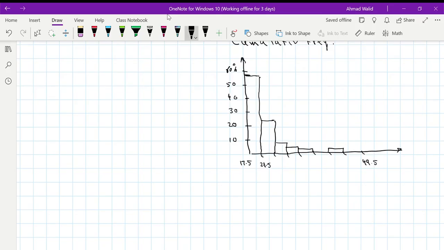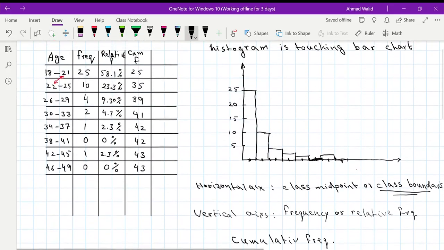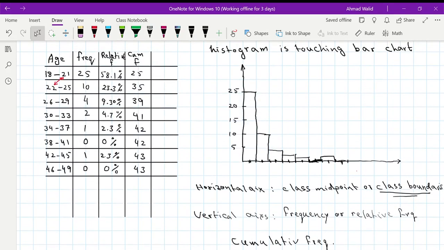You can show relative frequency, you can show frequency histogram, also you can show cumulative. Cumulative will be a little bit different. If I do the cumulative frequency histogram for you, again your 8 classes, 1, 2, 3, 4, 5, 6, 7, 8, and you start with the highest, which is 43, correct?